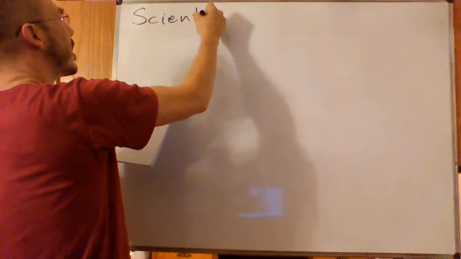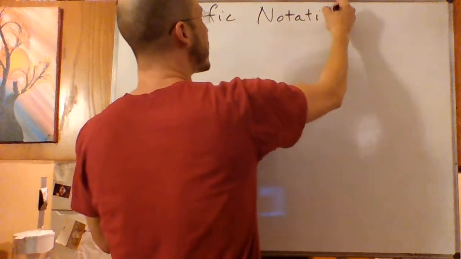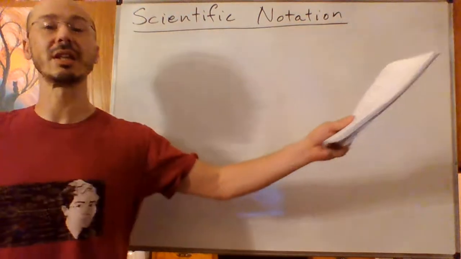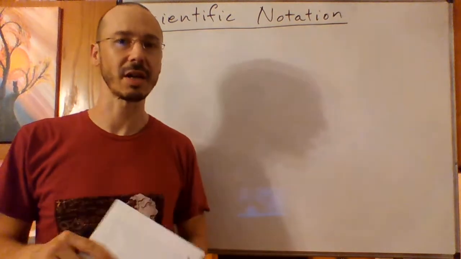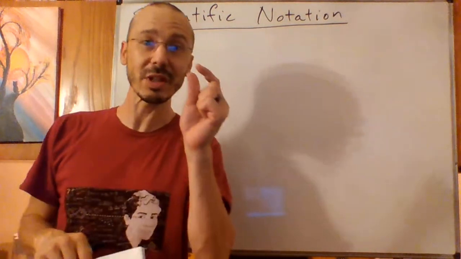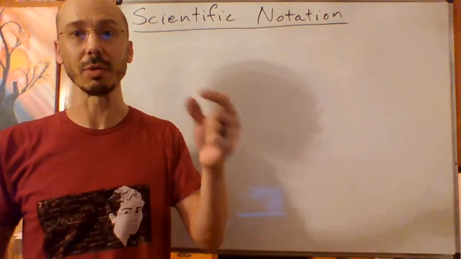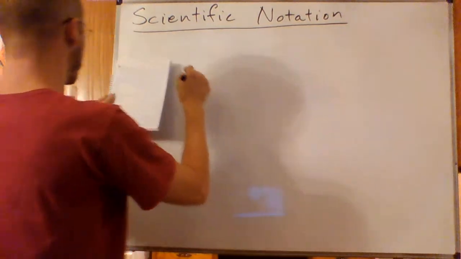And it gives us ways of writing down numbers that are either really, really, really large, like a billion, I guess is kind of large, or really, really, really, really small, like 1 over a billion, 1/1000th. So scientific notation gives us a better way to talk about these numbers.